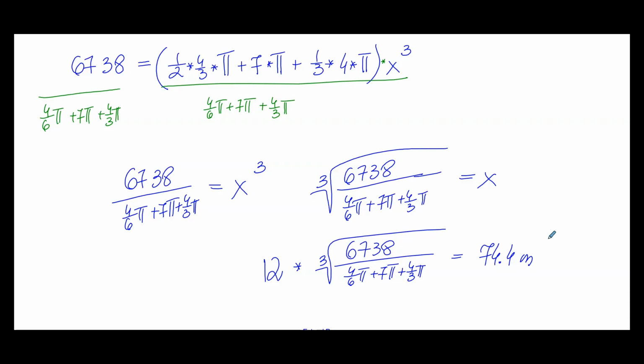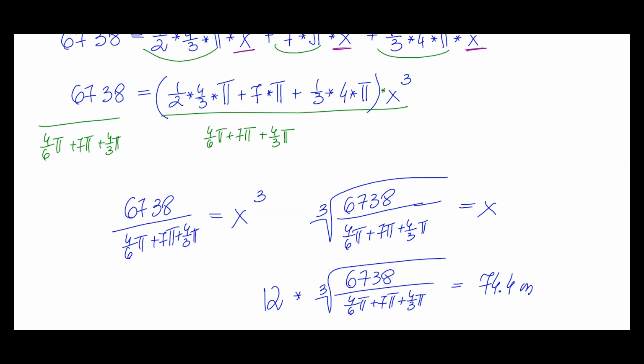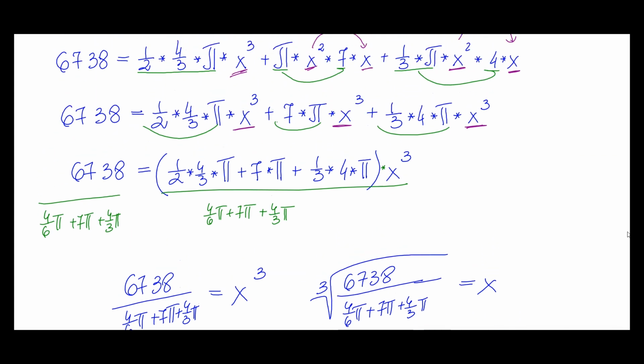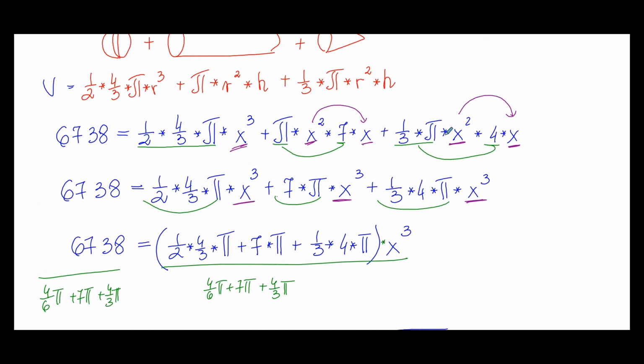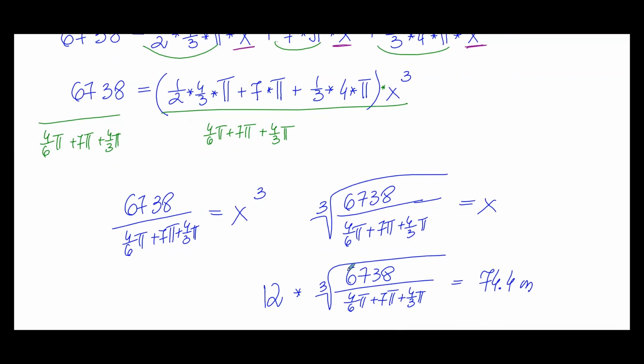That's our answer here. But that way you can see how the numbers move from one side of the equation to the other, and then the total length we have.